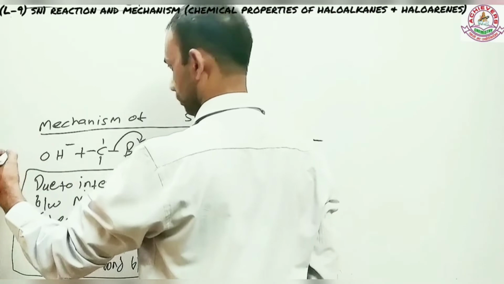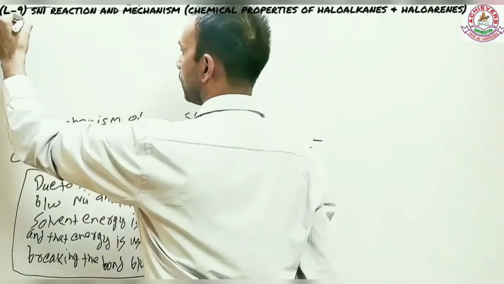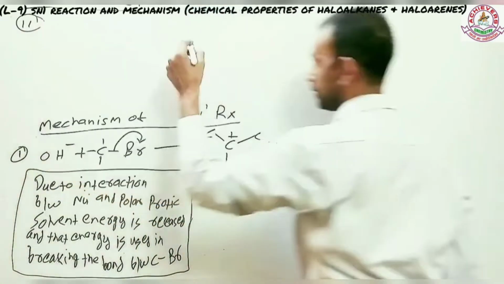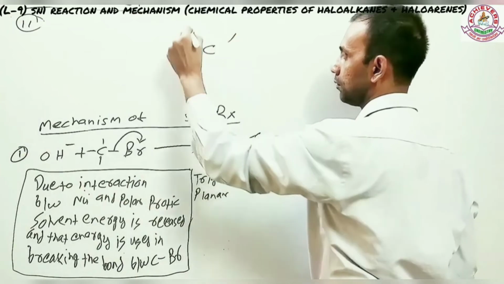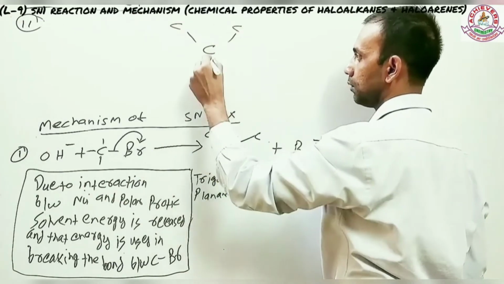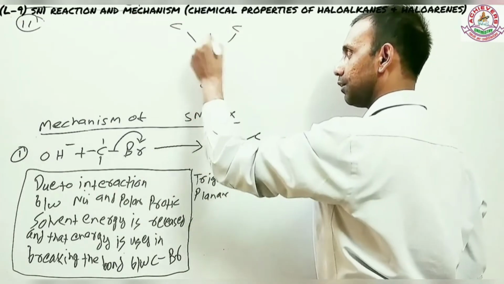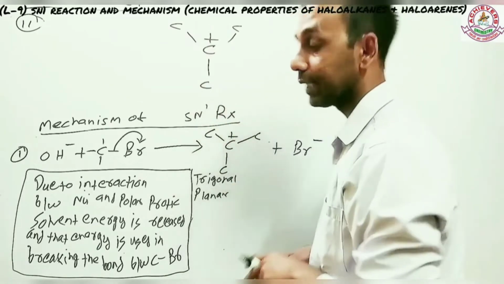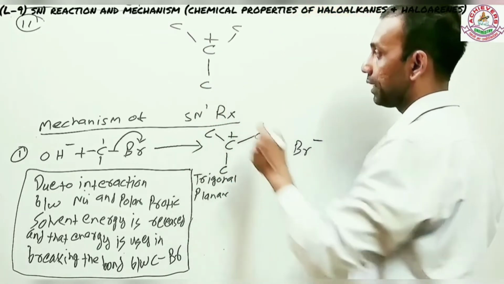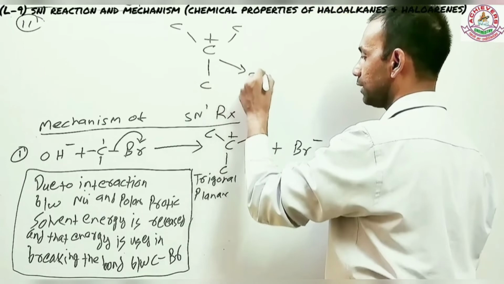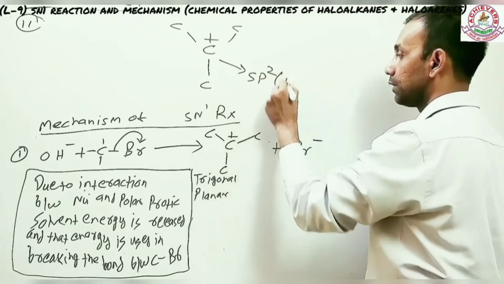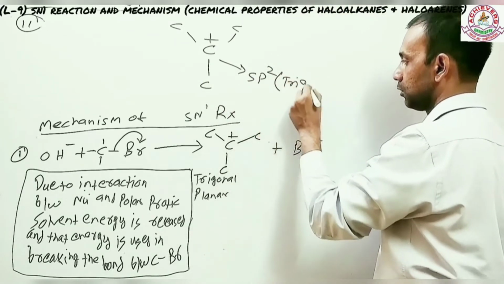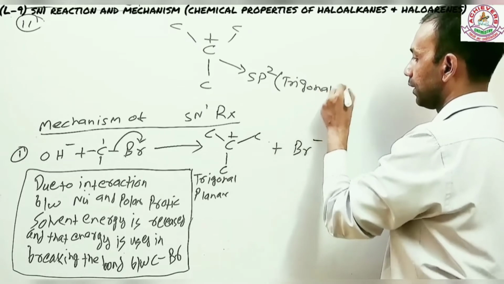Let's go with the second step now. This was your first step. Now I'm talking about the second step. This carbocation here is symmetrical. You need to understand that it is symmetrical, has a hybridization of sp2, and is trigonal planar.